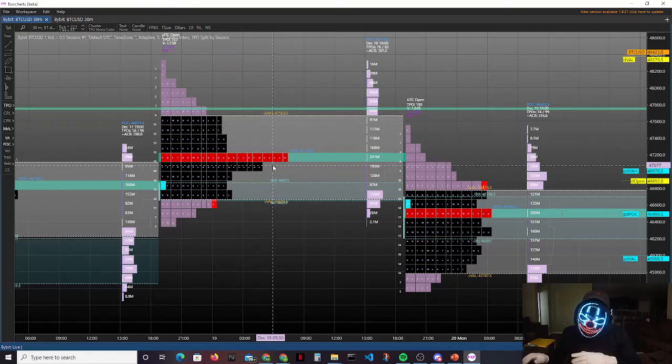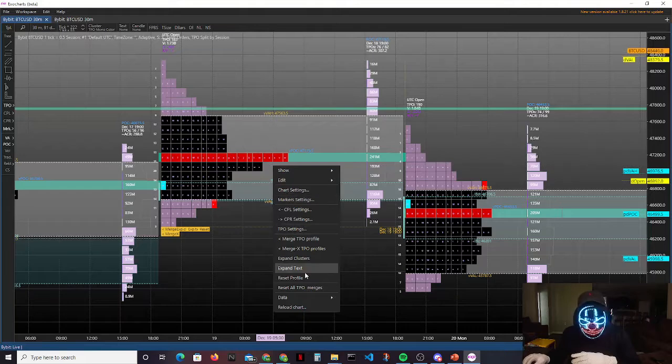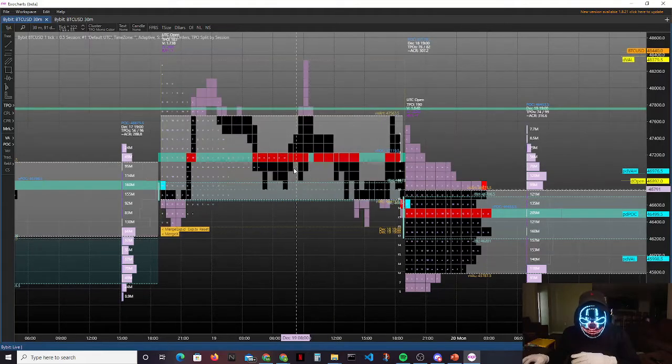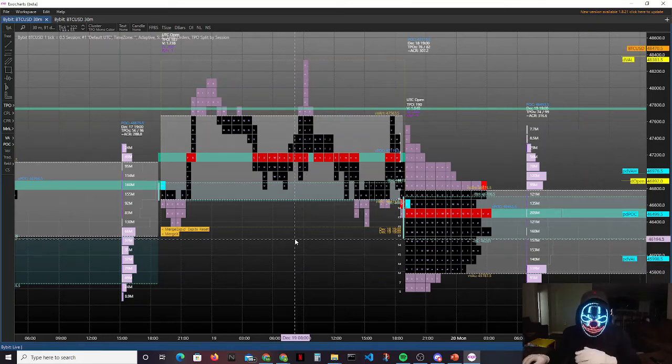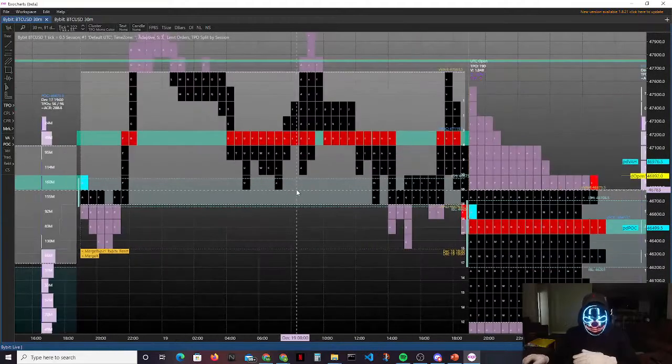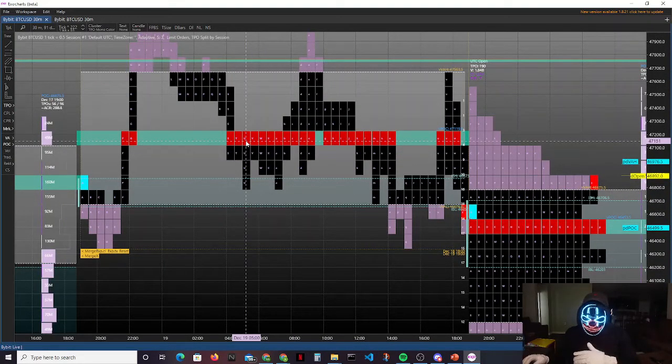The reason why I love VPOC and POC so much is because they can be used intraday as targets. Great example of this right here. I should say they're better used as targets intraday, and that's getting into a lot more strategies that we are not doing.